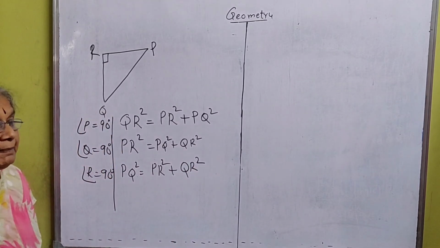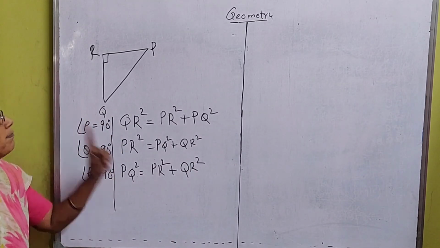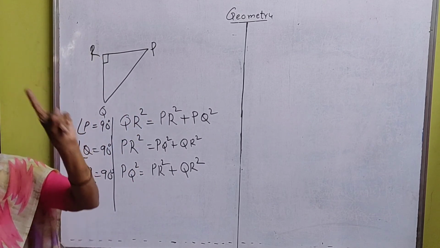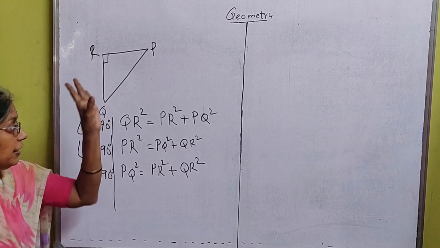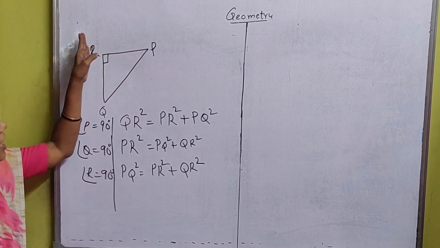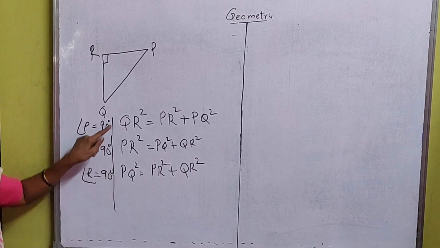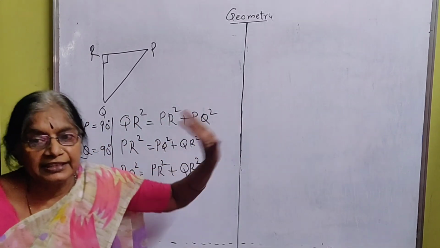So children, you have to keep in mind that the hypotenuse is very important. Whatever the angle may be, whether P is 90 degree or R is 90 degree or Q is 90 degree, you should first find the hypotenuse, then you will get the other remaining sides.